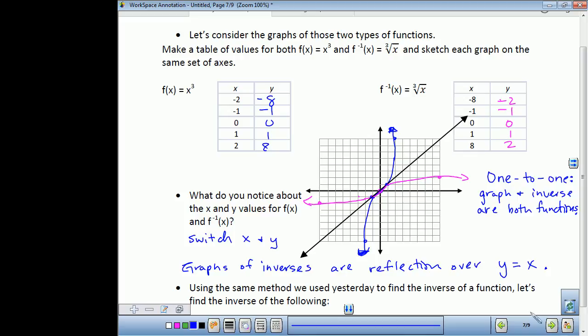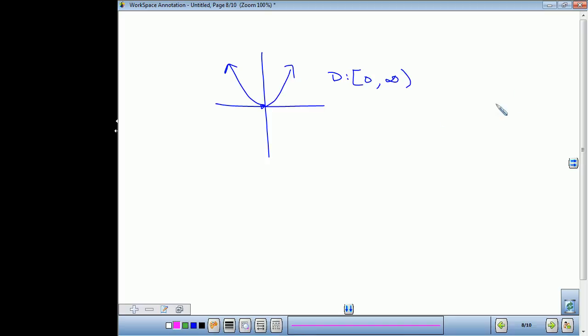Because what happens is, when we look at a parabola, this is a quick little side note, the domain of this is from 0 to infinity. Which means when I do its inverse, not the domain, excuse me.